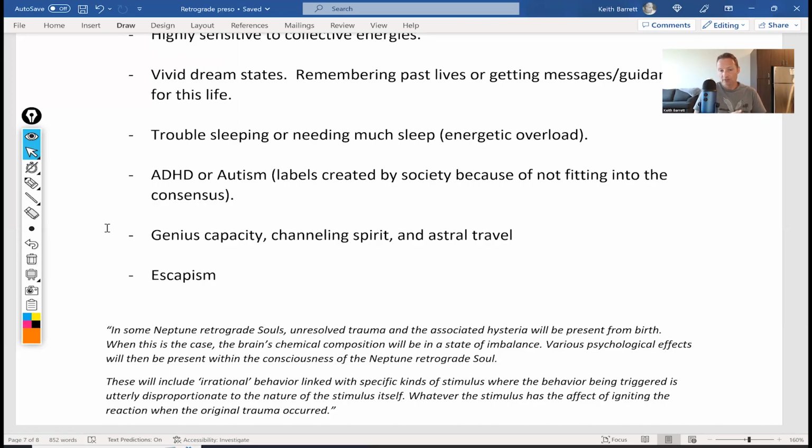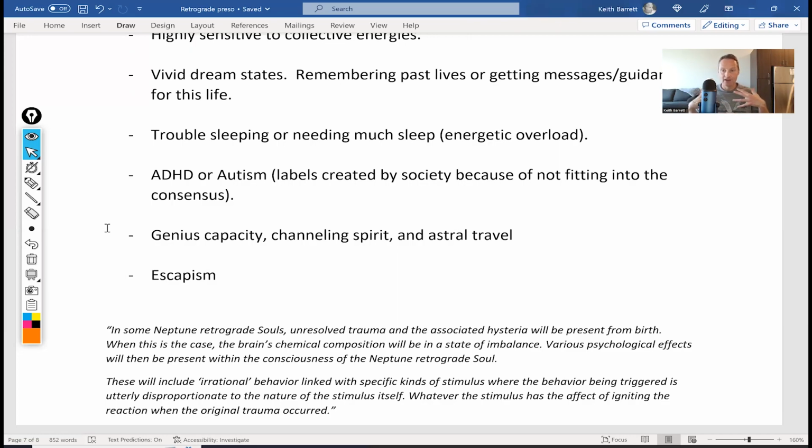Channeling spirit, which is what I experience, is I see the symbols in the chart. That's kind of my language, and then I just kind of go off into this space where I just start spitting out information. That's kind of like what I'm doing now, right? And so that's part of this energy. And then genius capacity is just stuff will come to you that is beyond consensus reality thinking, right?